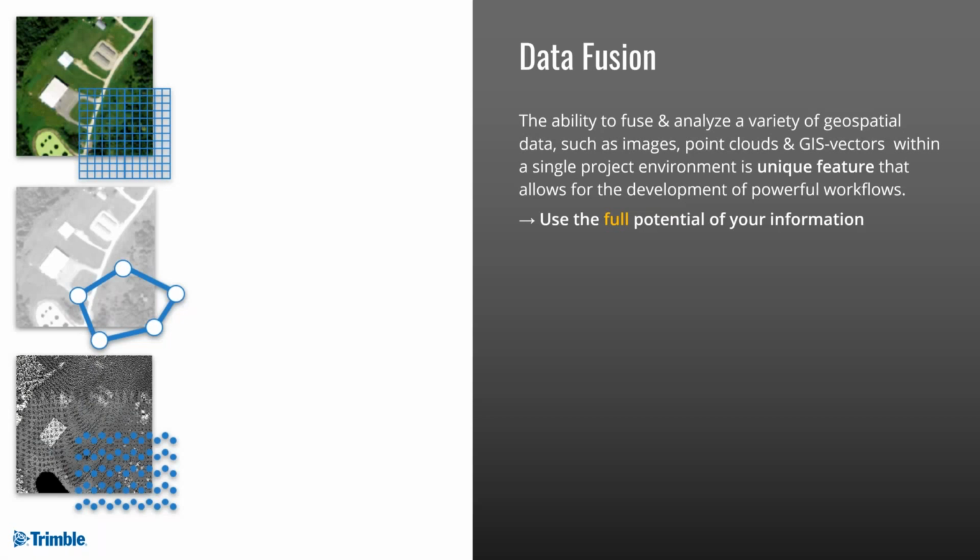For that, we have different tools and concepts. One of these that I guess we're famous for, you could say, is this concept of data fusion. I sort of alluded to it a few minutes ago. We can combine different data types within eCognition, and we can draw on the attributes, the features, the characteristics of those different data types.